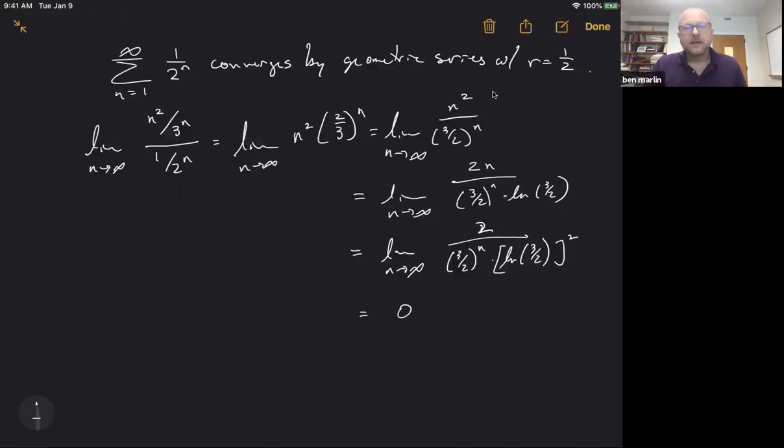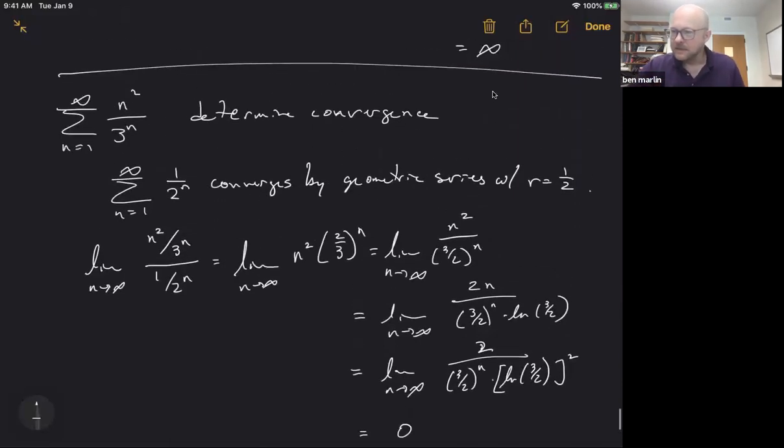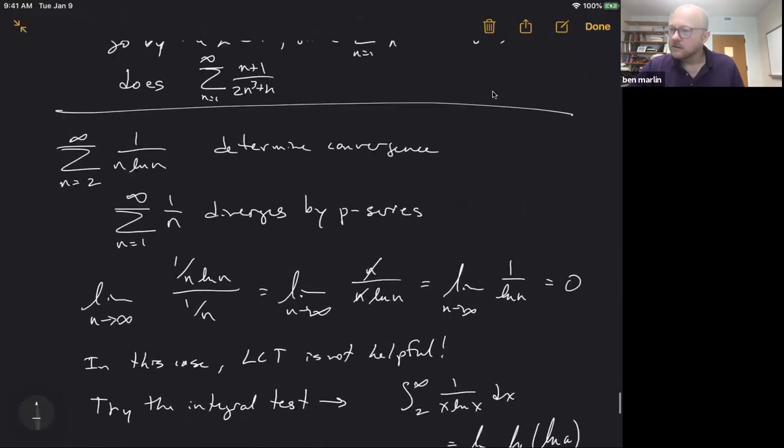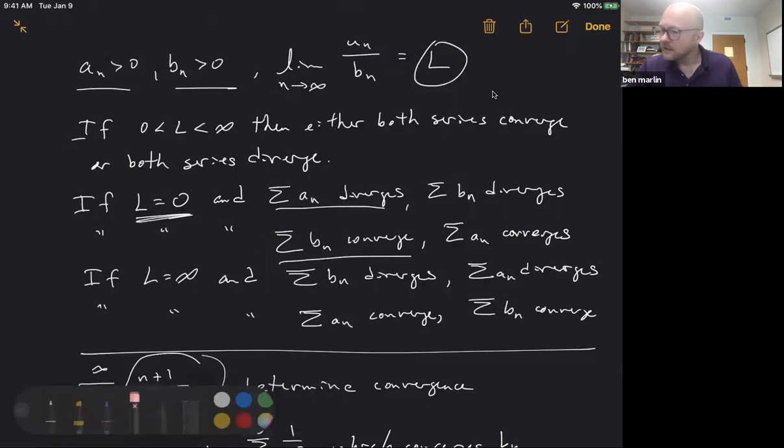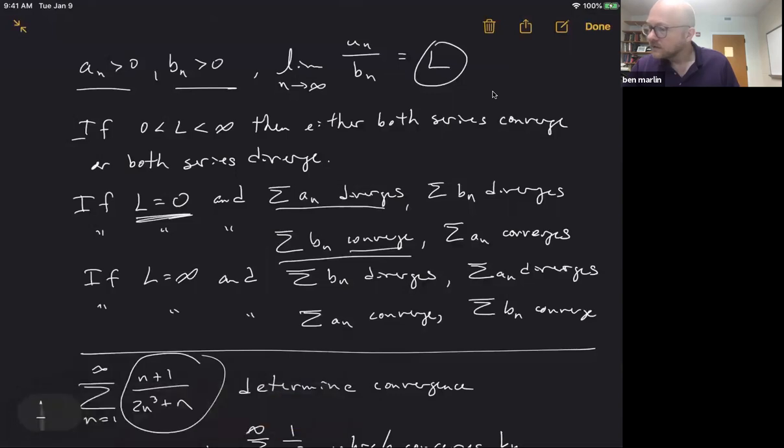At which point you say, oh no, it's that setup that we had before with the limit being 0. So scroll back up here, right? But now the thing that we're dividing by is actually something that converges.